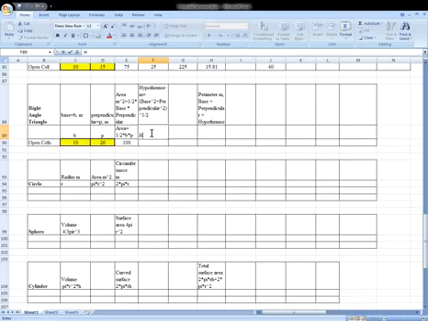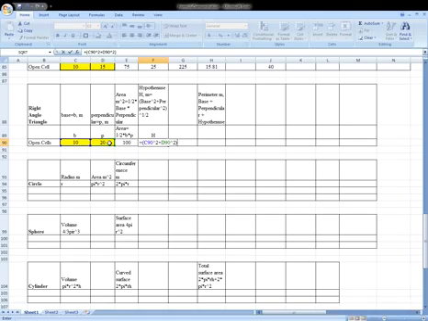So hypotenuse h equals the square root of base square plus perpendicular square.